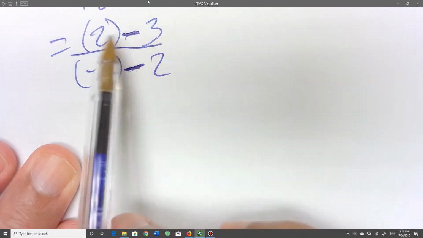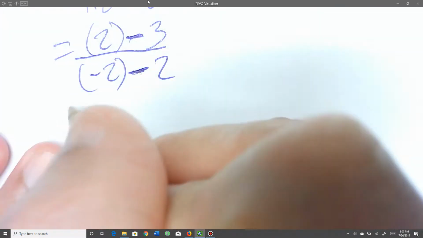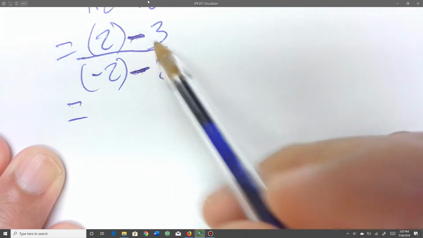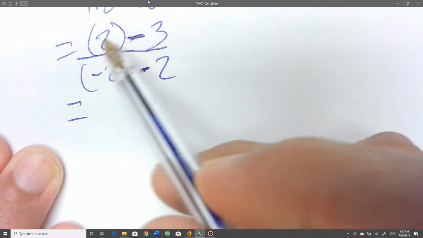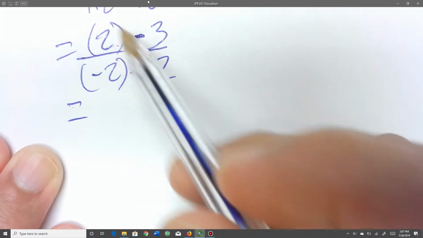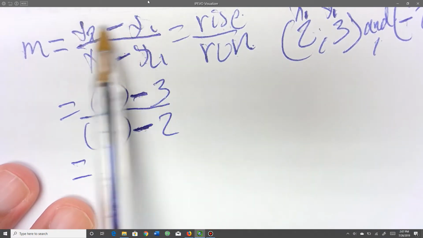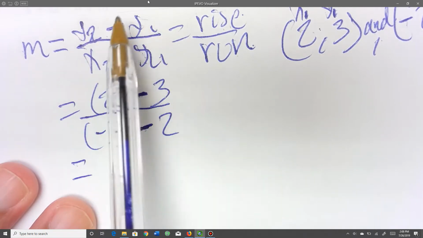Now use the order of operations. Subtract 2 minus 3. This is not a multiplication. I just wrote that inside a parenthesis, but these values are not multiplying, we're subtracting, as we knew from the equation.